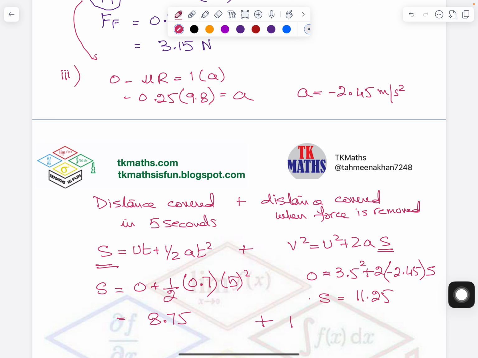And the second distance is coming 2.5. So you add up these two distances and you get the total distance, 11.25 meters. I hope you understood the question.